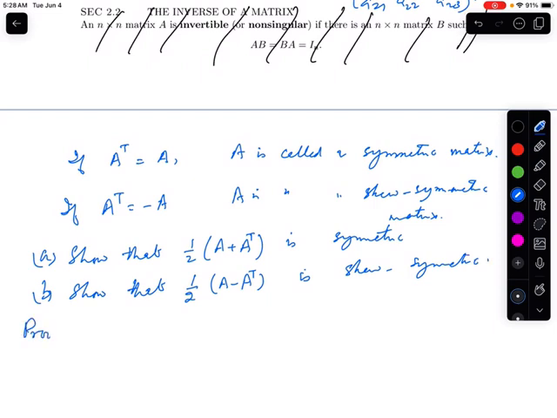Okay, so how do we prove them? You can give it a name, the first one, or whatever, but basically what we have to do is start by taking the transpose of the matrix. So let's call it B. Okay, so we start by taking the transpose of B.